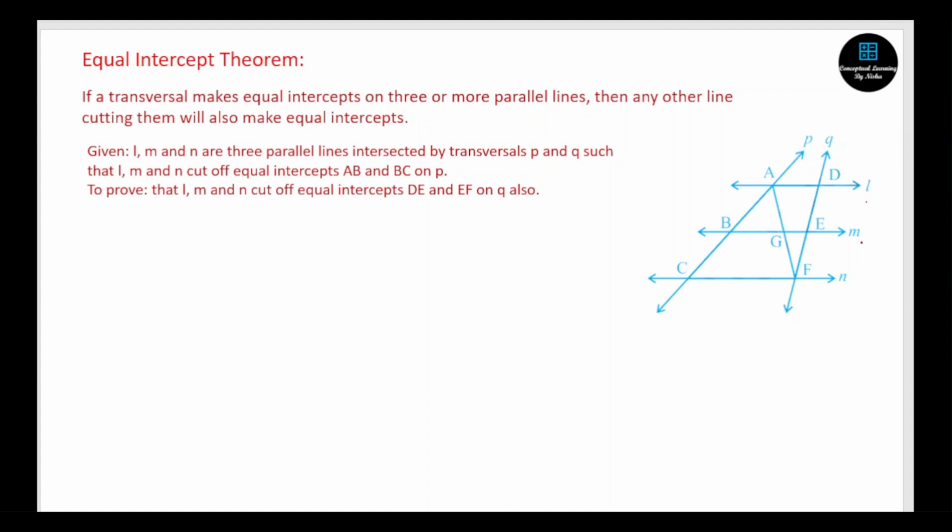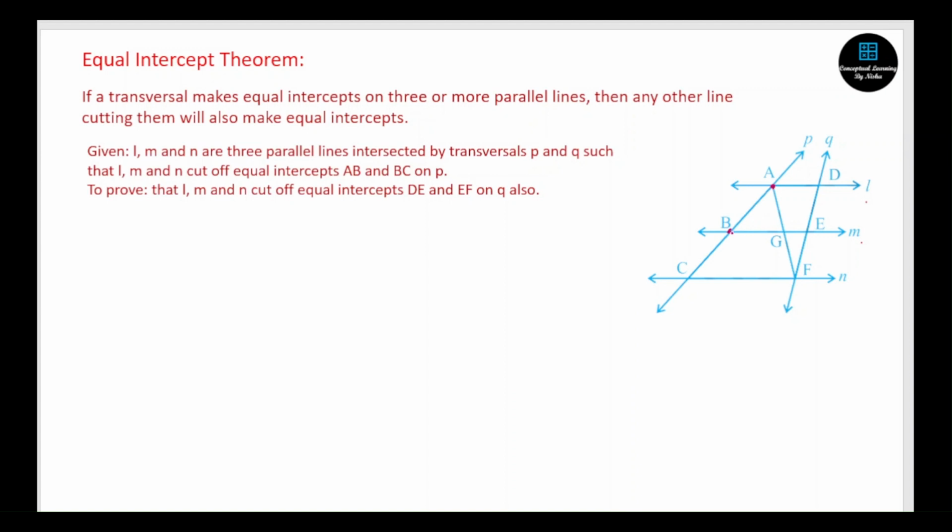So here L, M and N, we are taking parallel lines. Now, a transversal, so transversal P we are taking. Now, what does this intercept mean? Intercept is nothing but this line segment between these two parallel lines.